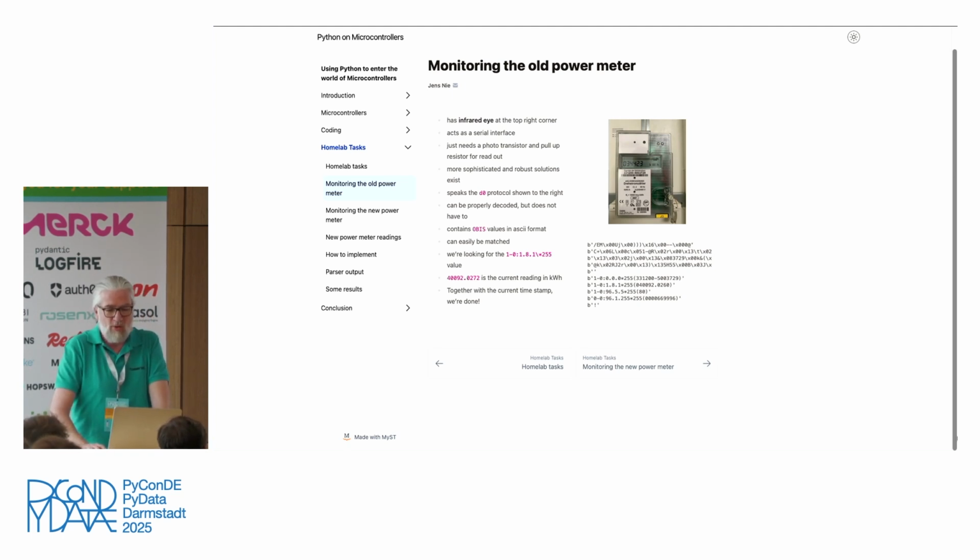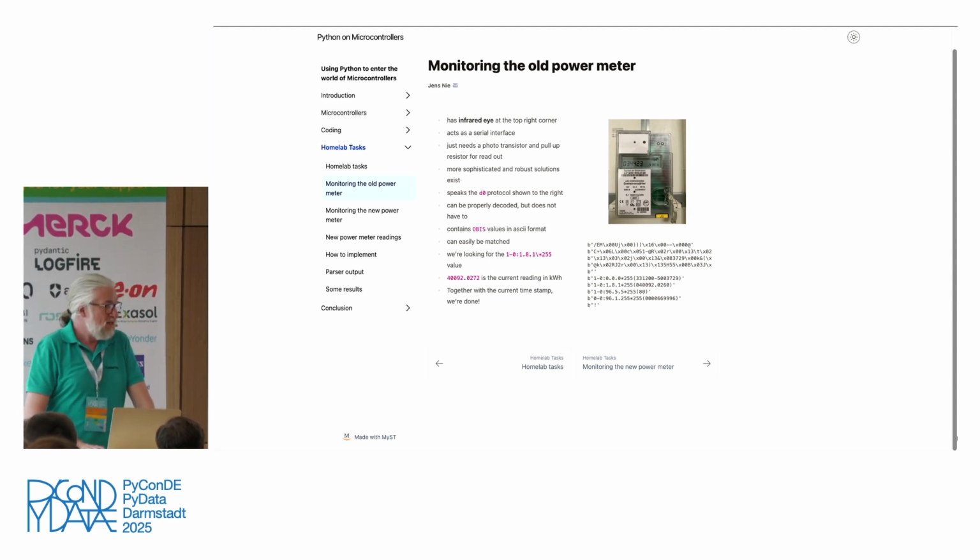The D0 protocol is well documented, and the simple things we want to look at are clearly visible to the human eye. It's the part at the bottom, these numbers. It's the OBIS protocol, an object identification system language, and we would be looking for the 1-0:1.8.1 part of it.